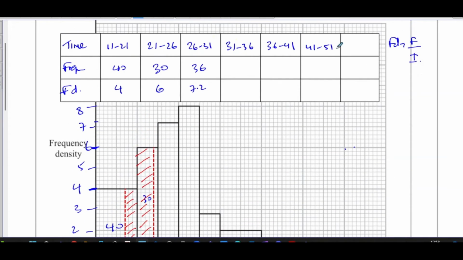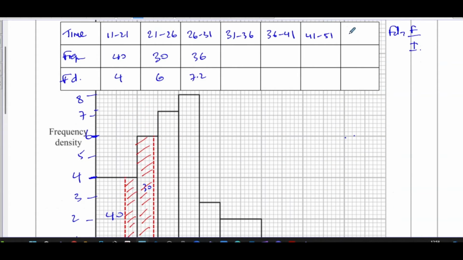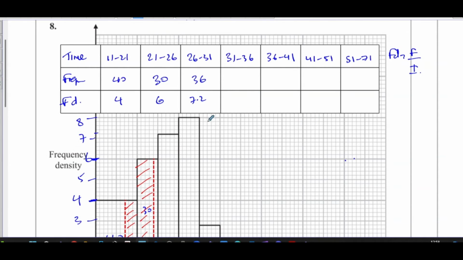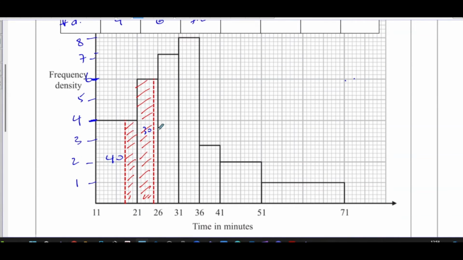And the final group is 51 to 71. So there's no gaps in these groups, which is good. And we can now work out the frequency of each of these. So I'm going to fill in the frequency densities first, and then we'll work out the frequency. So the third bar we worked that. That was this one here. Where is it? So 1, 2, 3.